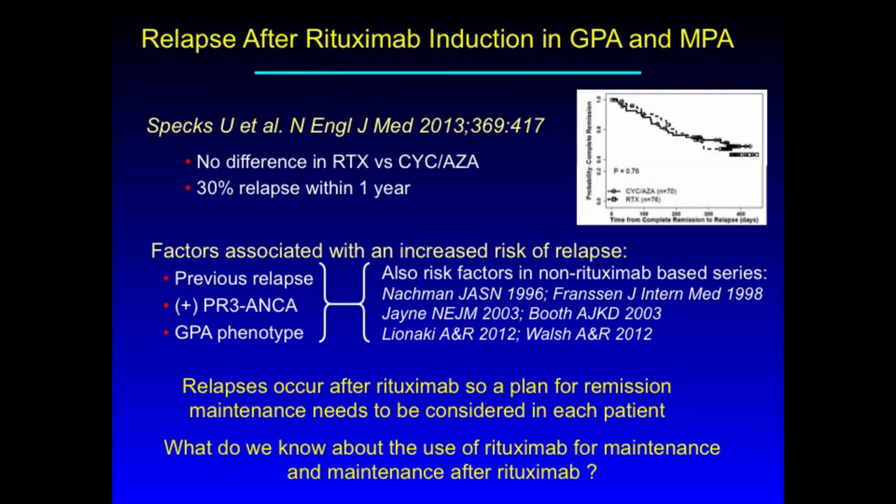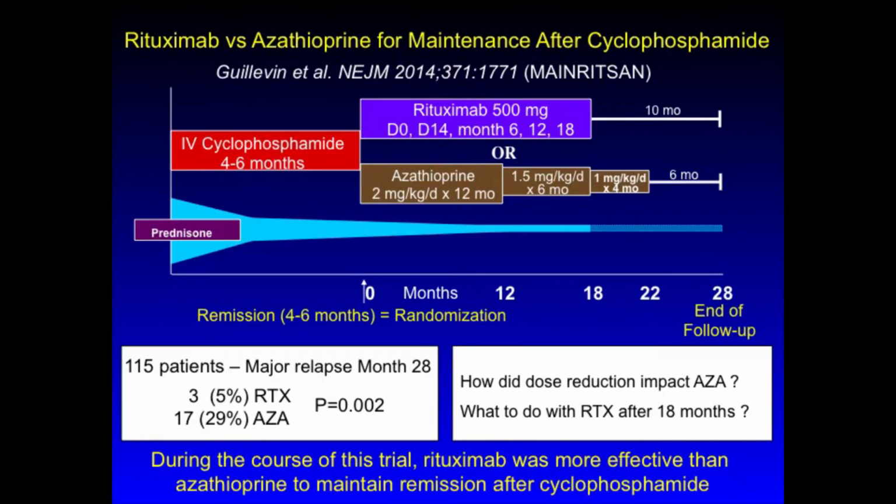And what we know in terms of maintenance after rituximab is from a study published in 2014 from France, the MAINRITSAN trial. After induction with intravenous cyclophosphamide, these patients were randomized to receive rituximab 500 milligrams for 2 doses, 2 weeks apart, and then every 6 months, or azathioprine, which was dose reduced and ultimately discontinued.